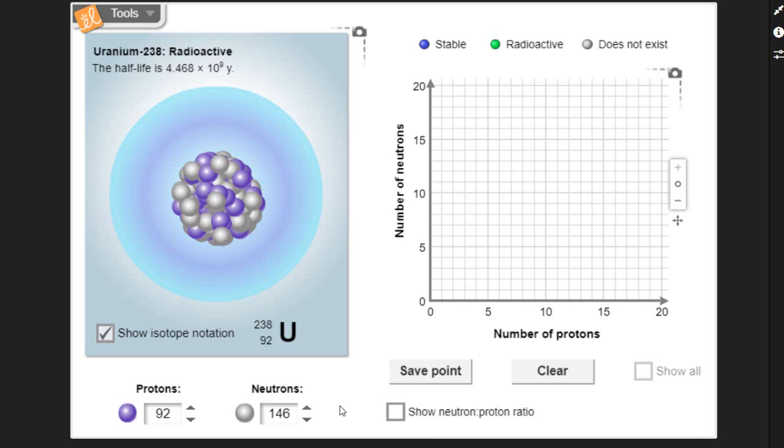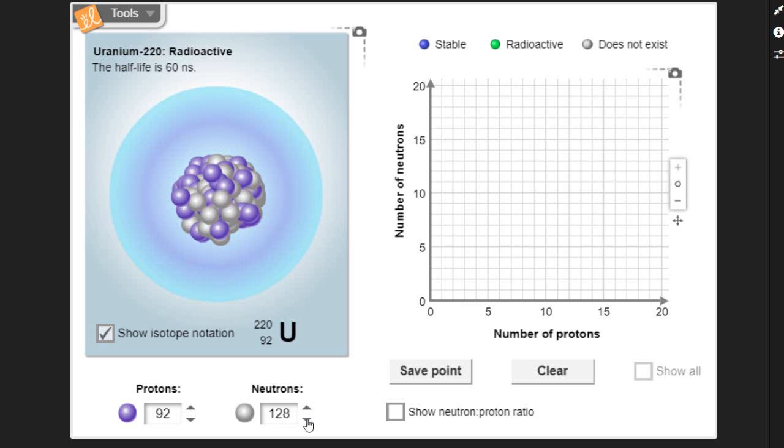So, every time I'm changing the neutrons, it's a different isotope of uranium. Does that make sense?